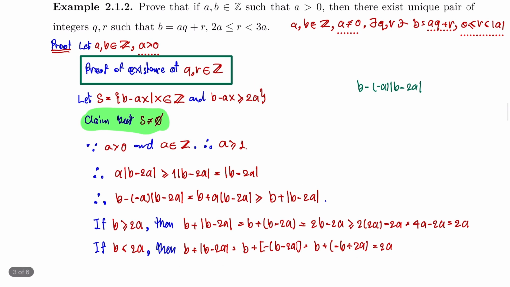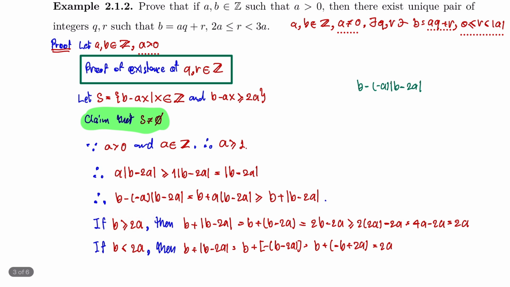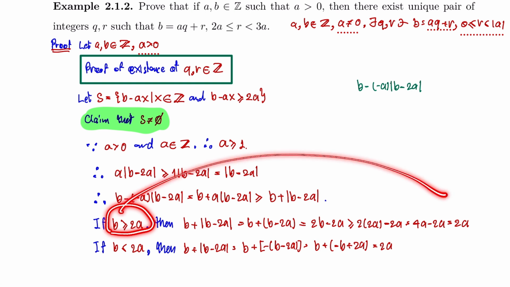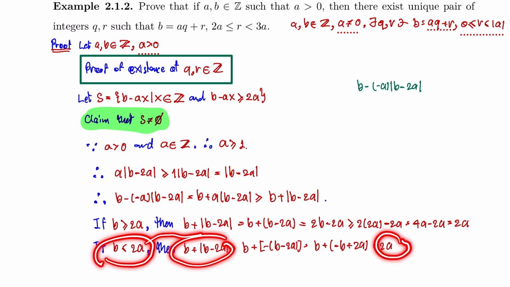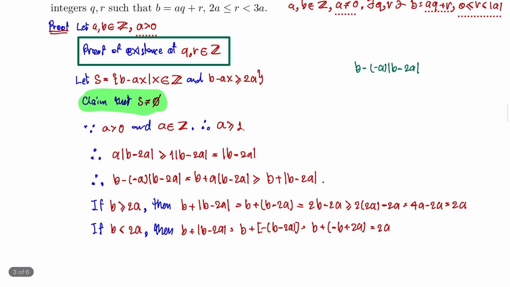We know that b is an integer. For the case where b is greater than or equal to 2a, this term is greater than or equal to 2a. When b is an integer less than 2a, this term is equal to 2a.